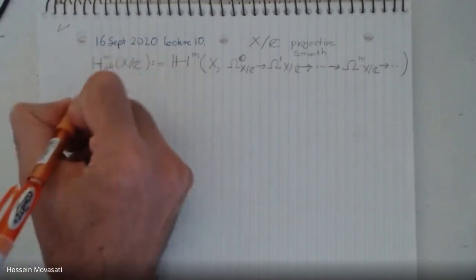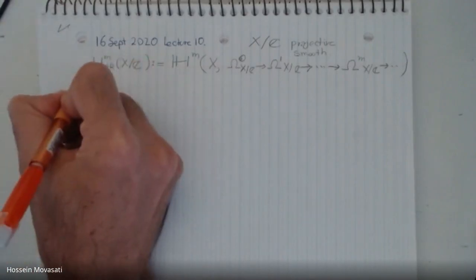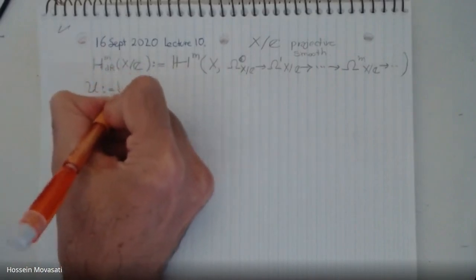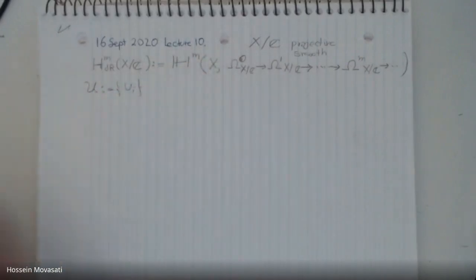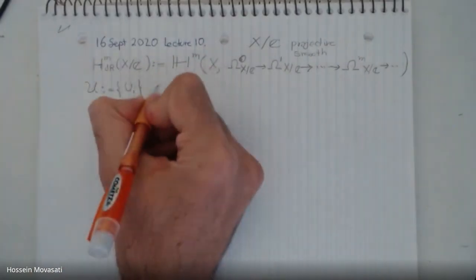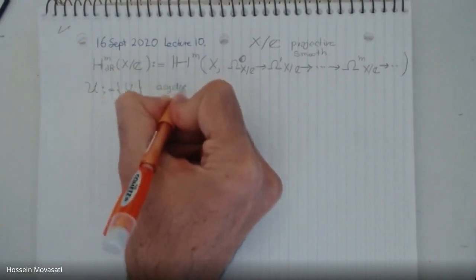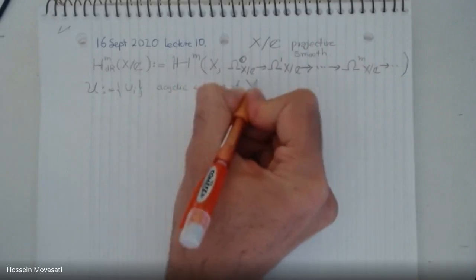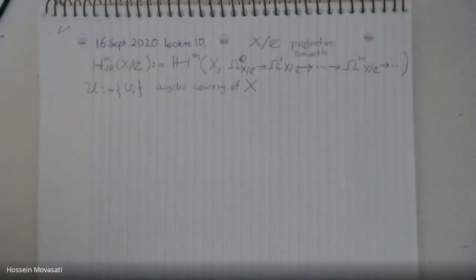So we take U consisting of an open cover U_i, let's say an acyclic covering of X. What does this mean?